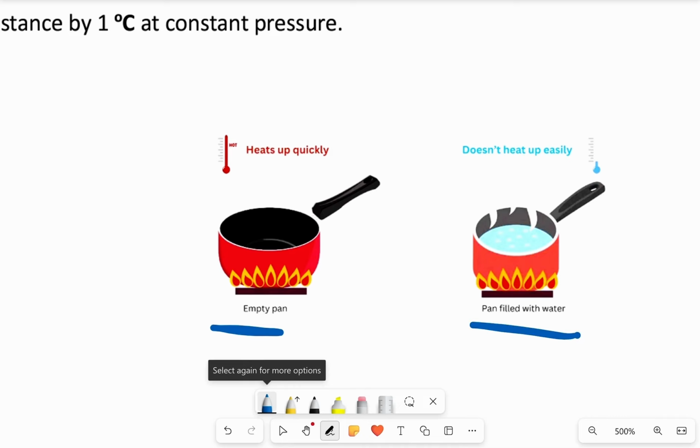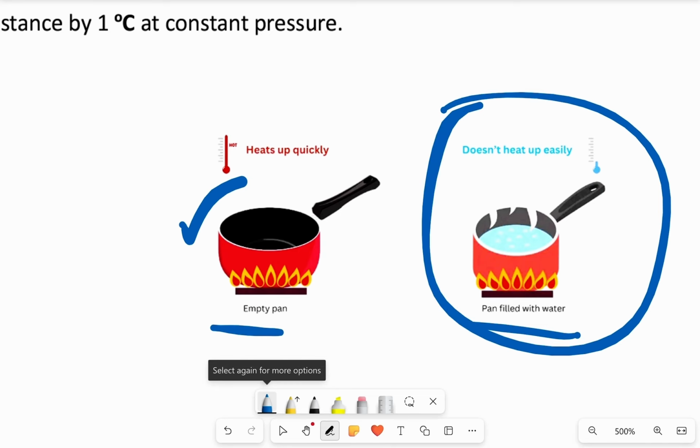Which one would be easier to heat up? Of course, the pan that is empty. Why? Because the pan that is filled with water is going to have a higher specific heat capacity. Or you can put it in another way: you can say that this pan that is filled with water needs more energy to heat up.